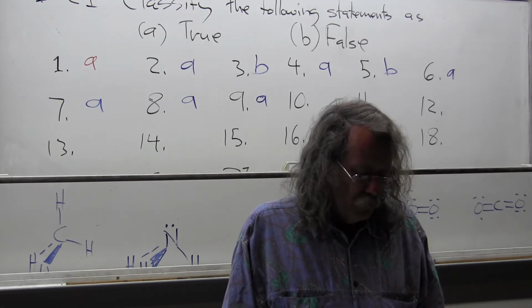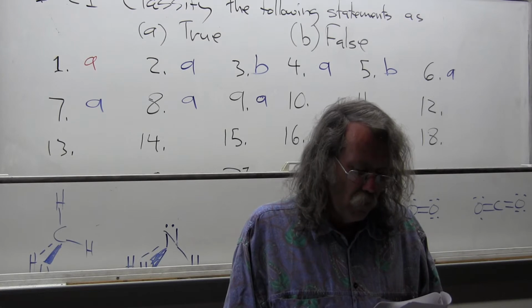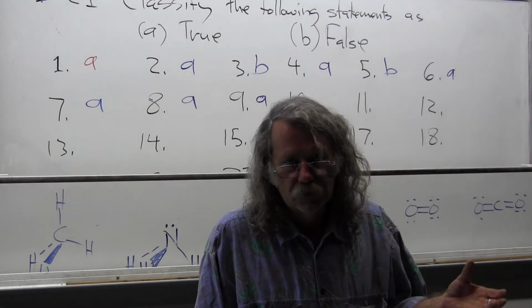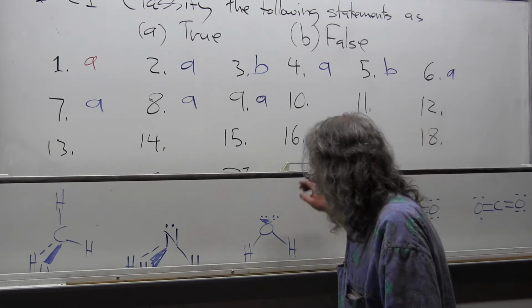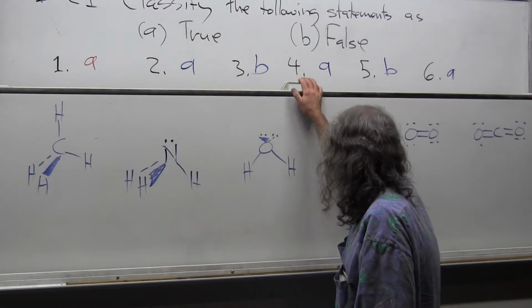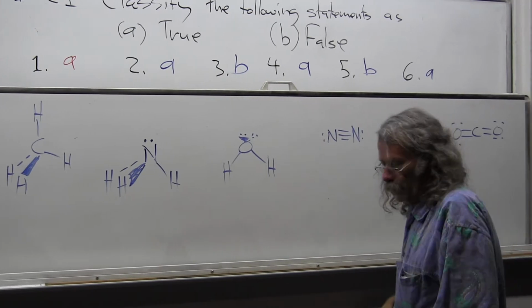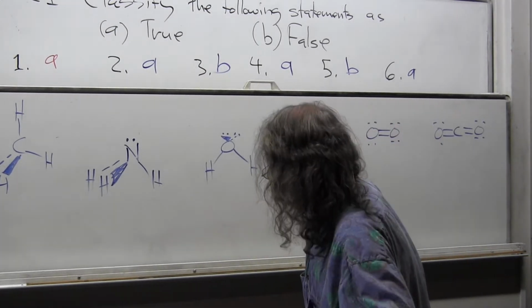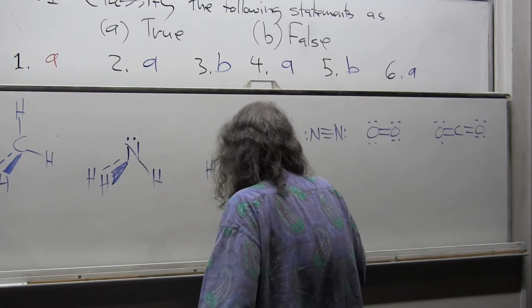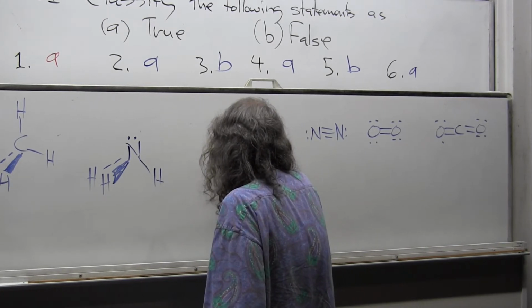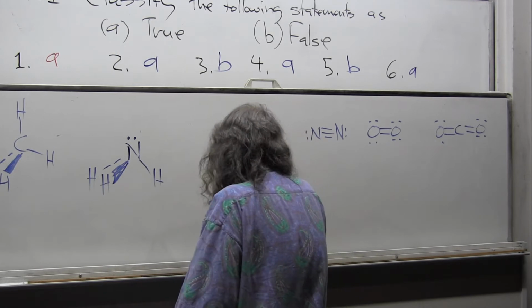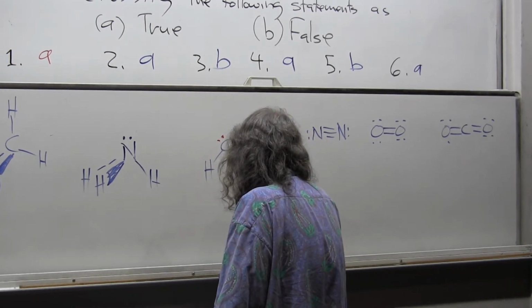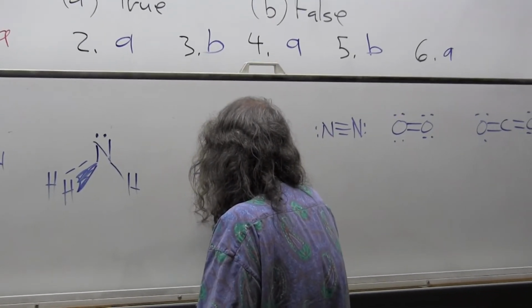Okay, number 10. All molecules with polar covalent bonds are polar molecules. Well, that is obviously not true. And a good example can be found in water, where I have an electronegativity difference between 2.1 and 3.5.